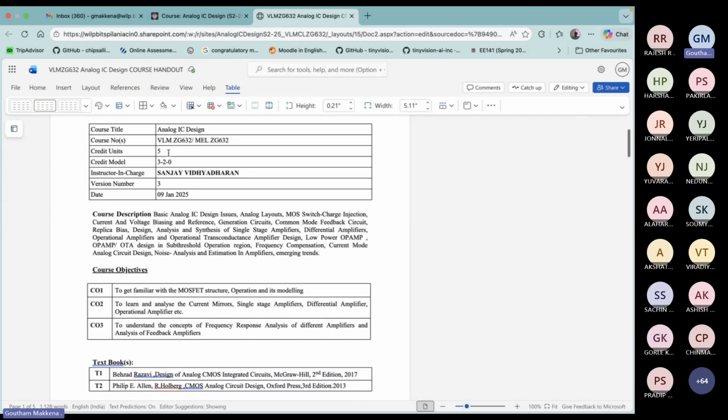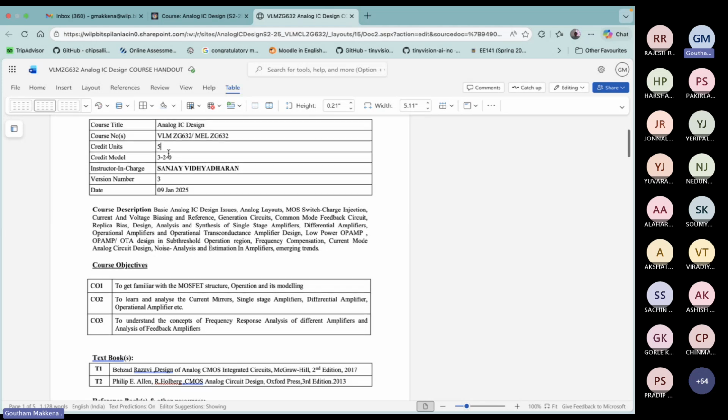So during the lab class, how to book a slot for Cadence and everything will be explained by the lab faculty. Other than that, LTspice you can install at your end and do the simulations on your own machine. So we will see that in the second half of the class today.